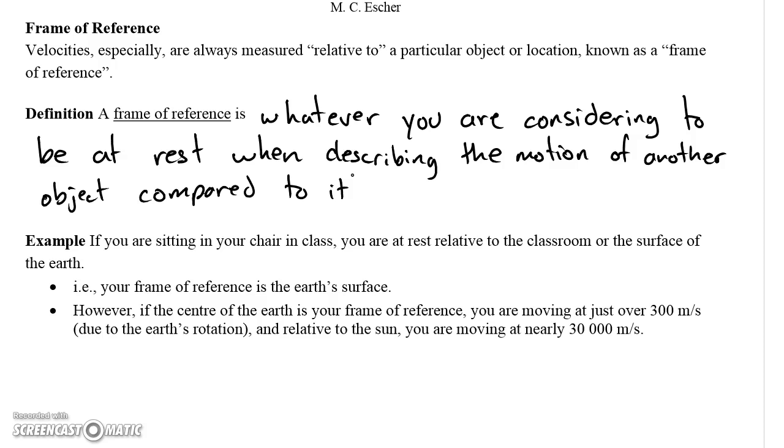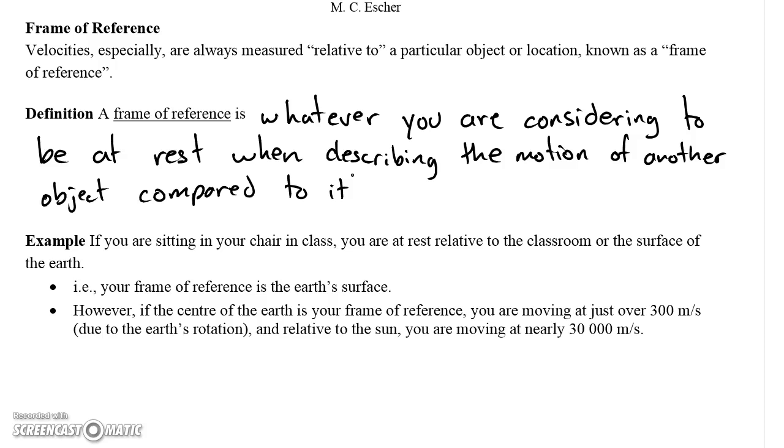So in a different reference frame, if we think about the reference frame as the center of the earth, we would actually be moving at 300 meters per second, even though we don't feel it, just by changing our reference frame. And if we made the reference frame to be at rest the center of the sun, then we're actually going at 30,000 meters per second, because that's how fast we're moving around the sun in the solar system. So it's just always, how does velocity change depending on what we're comparing it to?